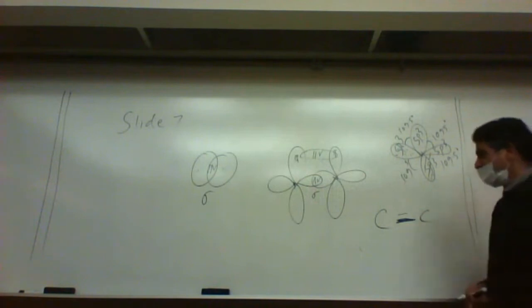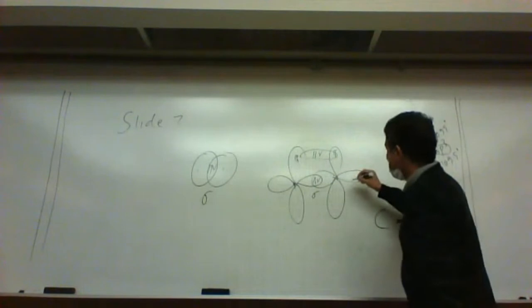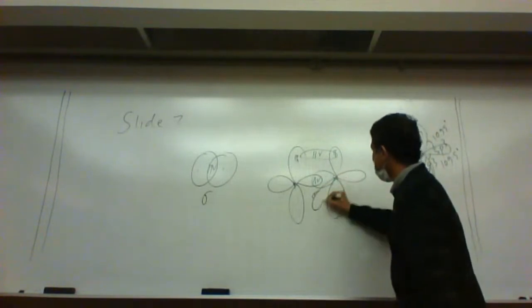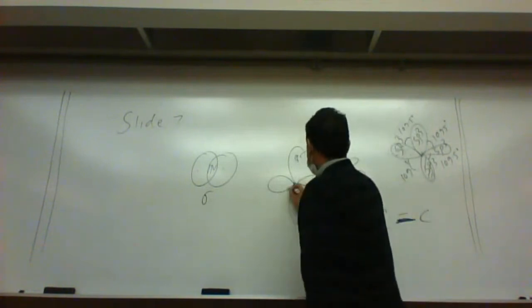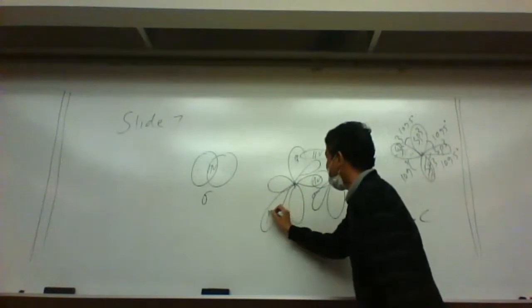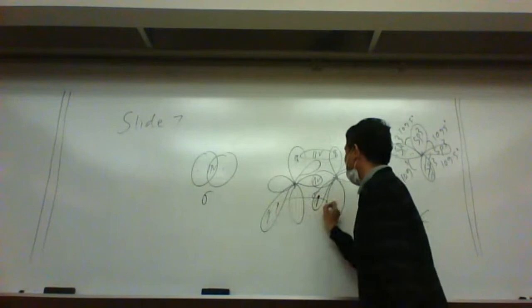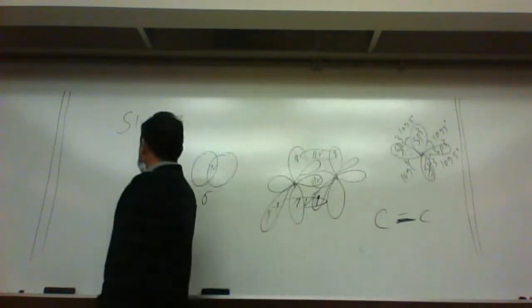And if there are three orbitals, let's say I put another orbital here like this, because we have three p orbitals, right? And let's say there is one electron. If this one overlaps with this one and forms a bond here, that's called another bond, and that is C.